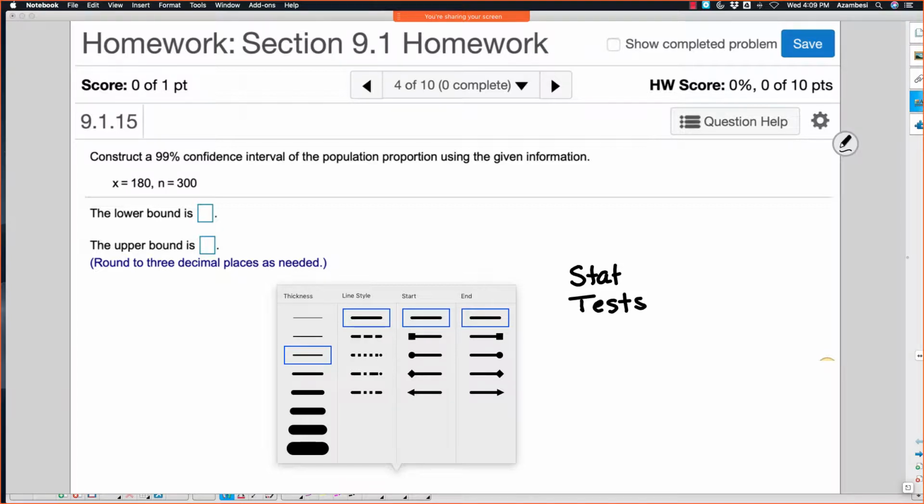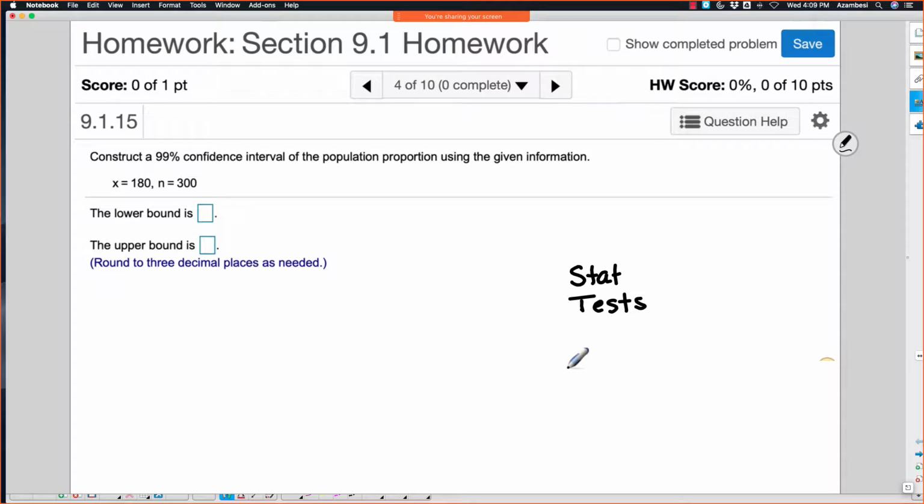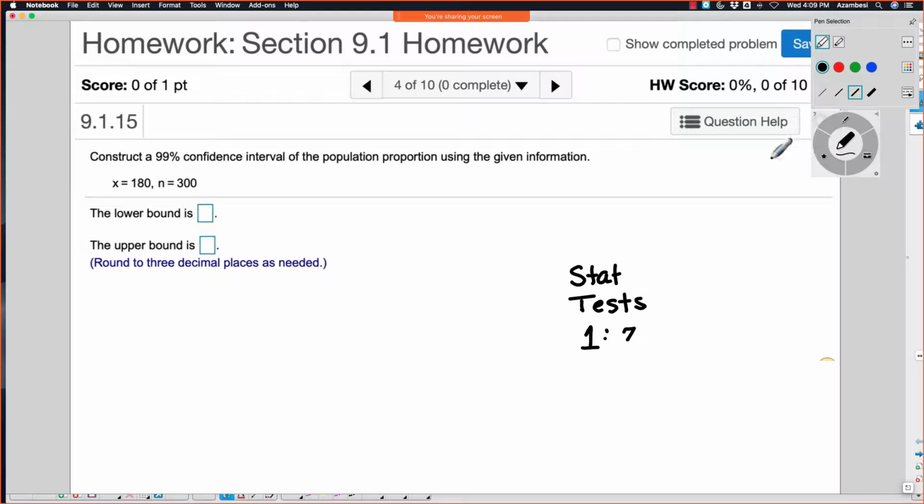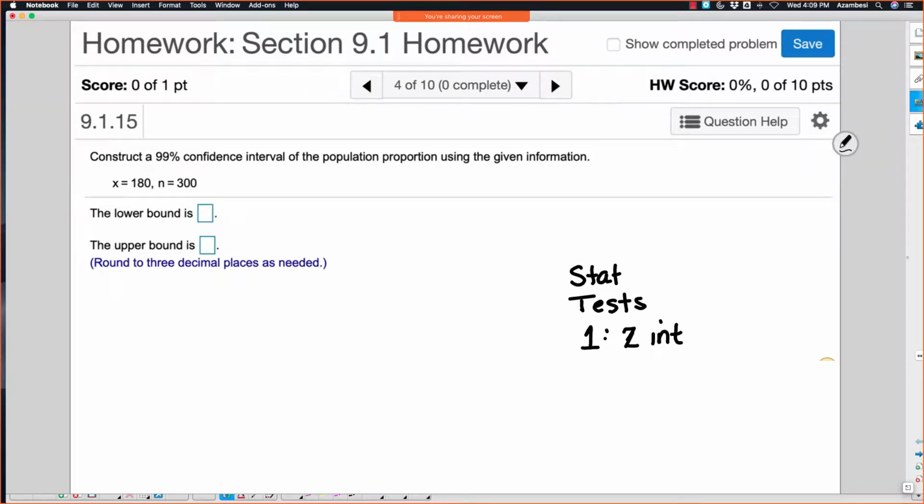So if you press your stat button and then scroll over to tests, options on the calculator are option number 7 for a z interval. Option number 8 is a t interval.